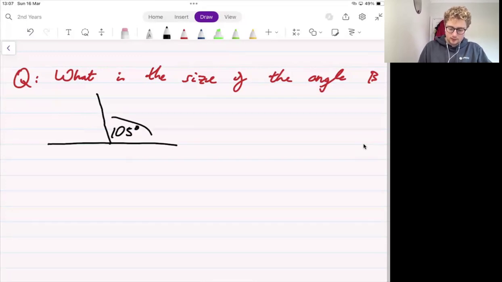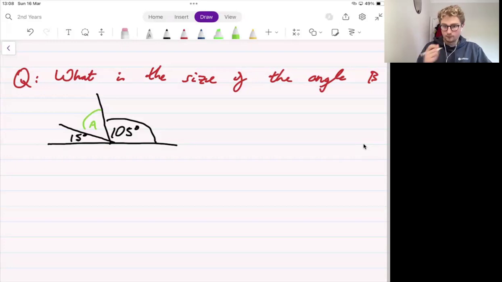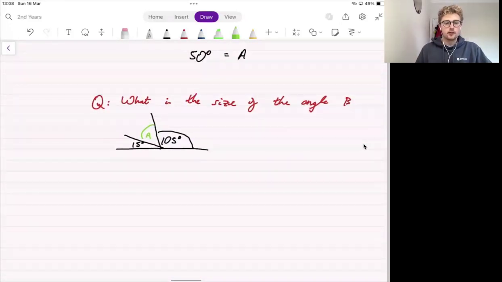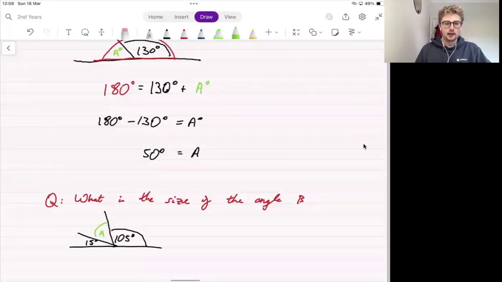And that angle is 105 degrees. That angle is 15 degrees. We want to find the size of the angle A there. Okay, so off you go. Tell me what is the size of the angle A.